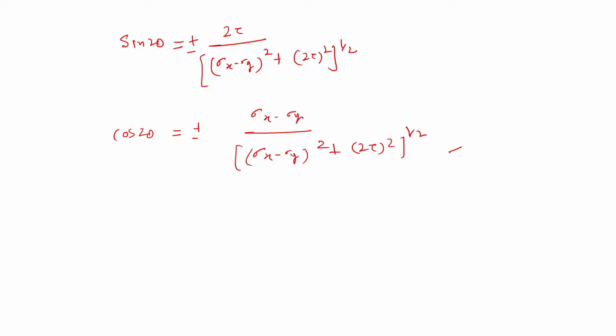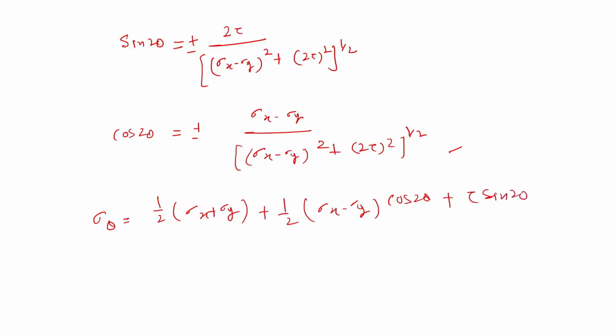As we know, sigma theta is equal to 1 by 2 sigma x plus sigma y. This formula we know from our last lecture. Then plus 1 by 2 sigma x minus sigma y cos 2 theta plus tau sin 2 theta.